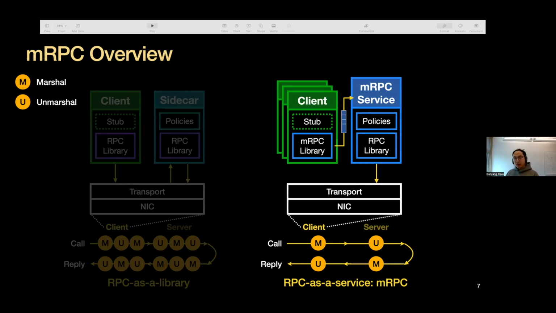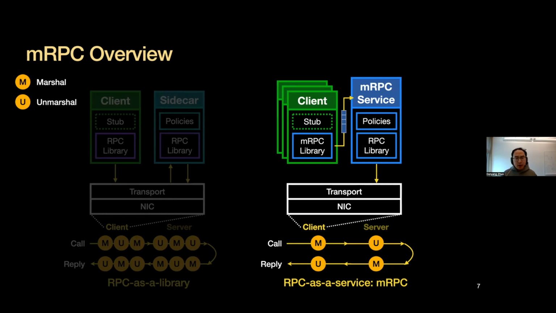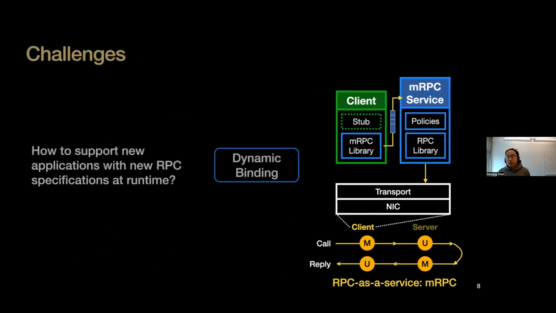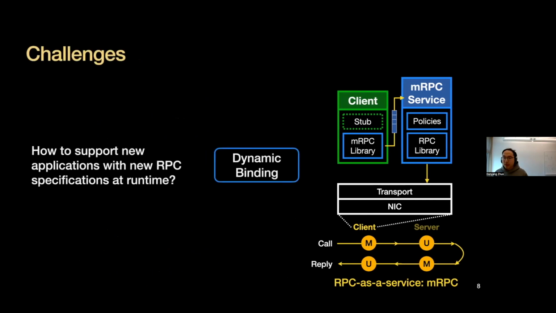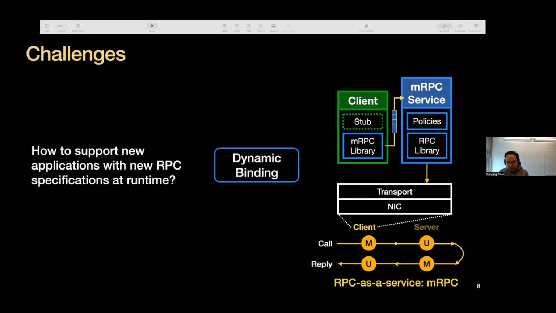And on the receiver side, it only needs to do one unmarshalling, and so this improves the data plane efficiency by quite a lot. Of course, there are many research challenges associated with this design, because this design is fundamentally different from the 1980s design of Implementing RPC.